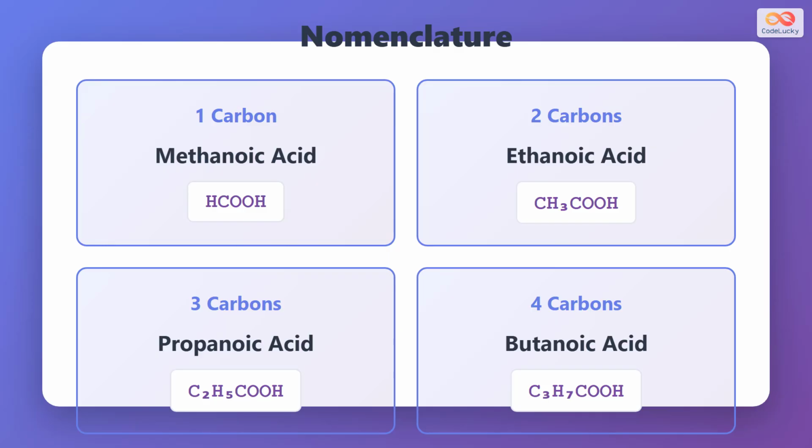And a four-carbon acid, C3H7COOH, is called butanoic acid. Notice that the names are derived from the corresponding alkane names by replacing the -e ending with -oic acid. These systematic names are used in formal chemistry, though many carboxylic acids also have common names like formic acid and acetic acid.